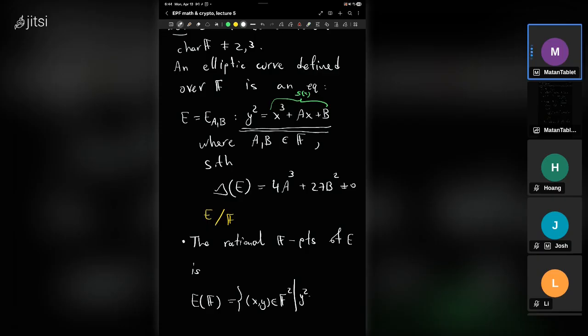So y squared equals x cubed plus ax plus b.